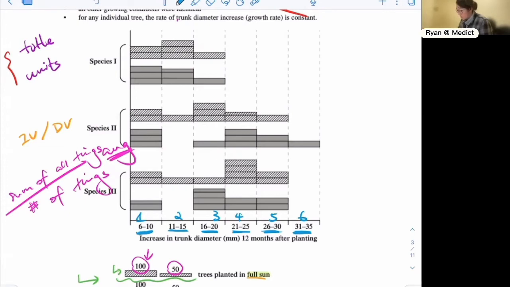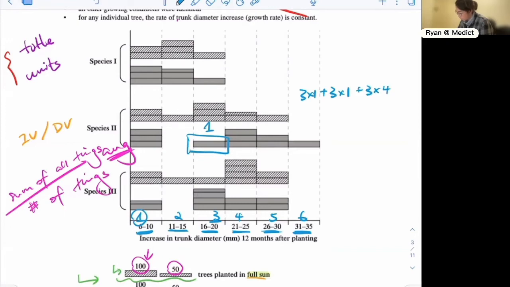So with that being said, how do we calculate the mean for species 2 in part shade? We have 3 that has the number 1, so 3 times 1. And then we have 0 over here. And then we have 3 times 1 again, because of this one over here. 3 has a number 3, but we only have 1 block, right? And then plus this one over here, we have 3, and they assign the number 4.